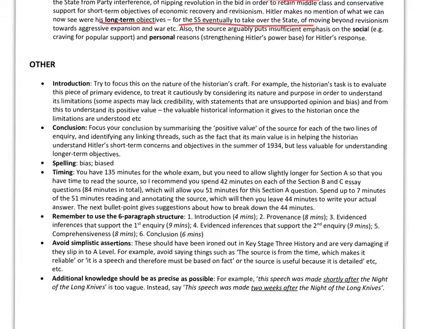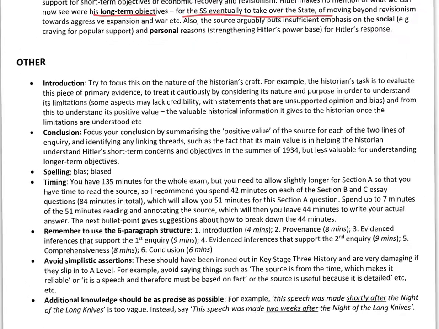With regards to your introduction, try to focus more on the nature of the historian's craft. For example, the historian's task is to evaluate the piece of primary evidence, to treat it cautiously by considering its nature and purpose in order to understand its limitations. Some aspects may lack credibility, with statements that are unsupported opinion and bias.